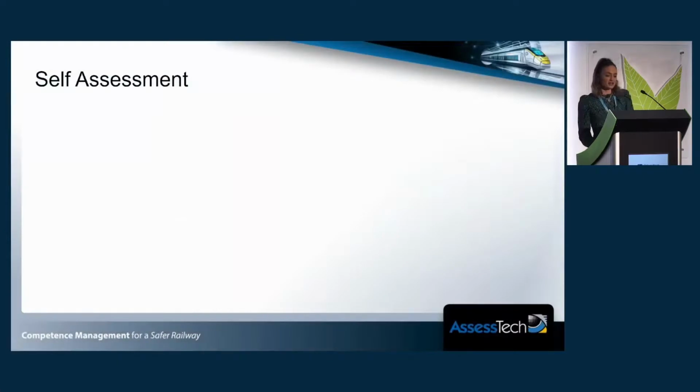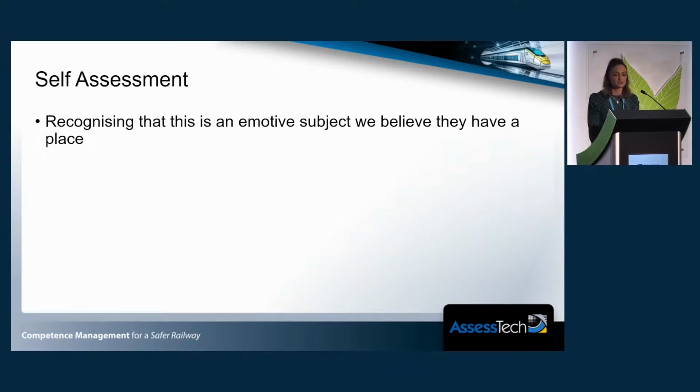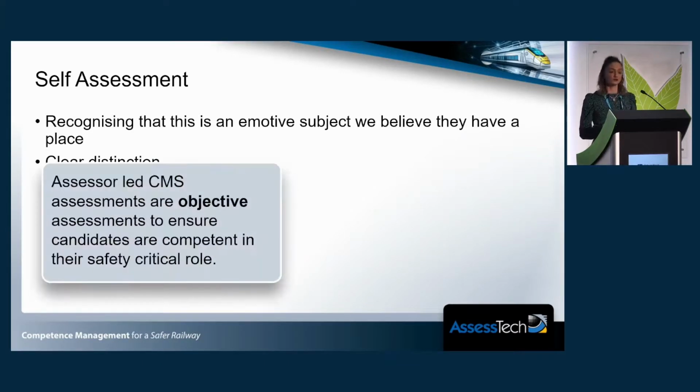So a subject which has been equally welcomed and opposed is self-assessment. And whilst we recognise that this is an emotive subject, we do believe they have a place. So it's worth making a clear distinction between CMS and self-assessments. ACMS is fundamentally designed to record CMS assessments, which are objective assessments to ensure candidates are competent in their safety critical role.